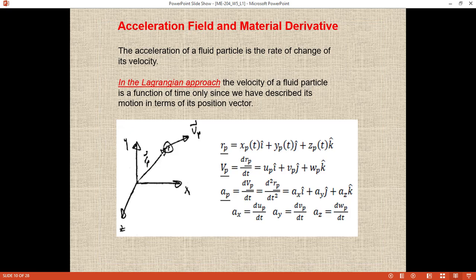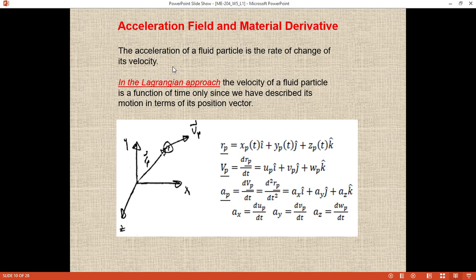Okay, so let's see the next topic, that is acceleration field and material derivative. The acceleration of a fluid particle is the rate of change of its velocity, as we all know. So how can the acceleration field be represented in the Lagrangian approach, and how in the Eulerian approach?